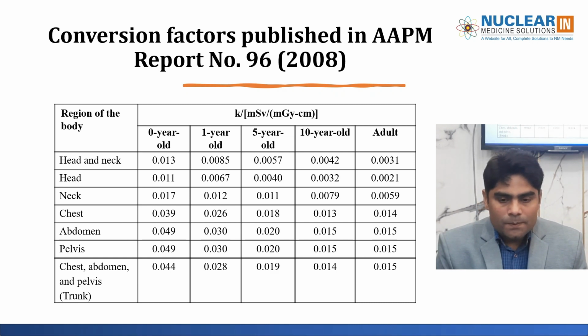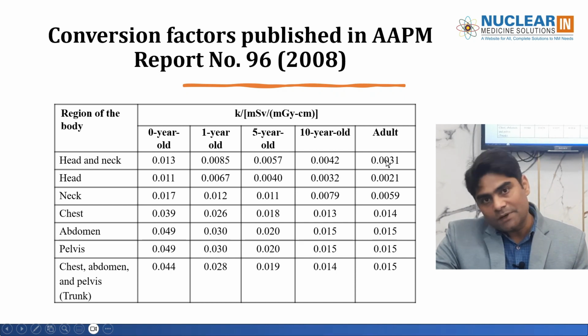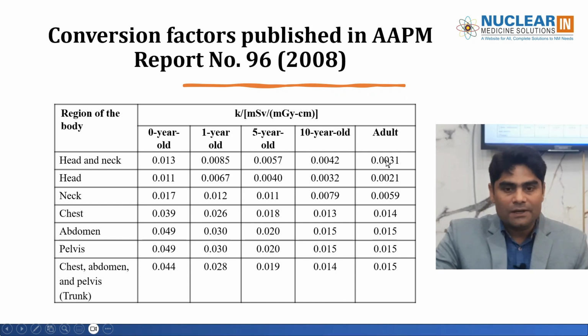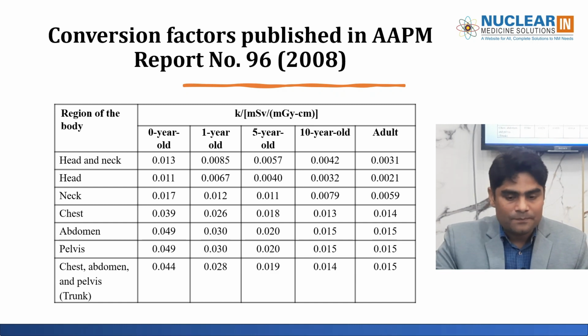This was published in AAPM report 96, and they give different ages of patients and different conversion factors. If they are directly multiplied with the DLP value, and with the size specific dose estimate, these together give the effective doses for the patient.